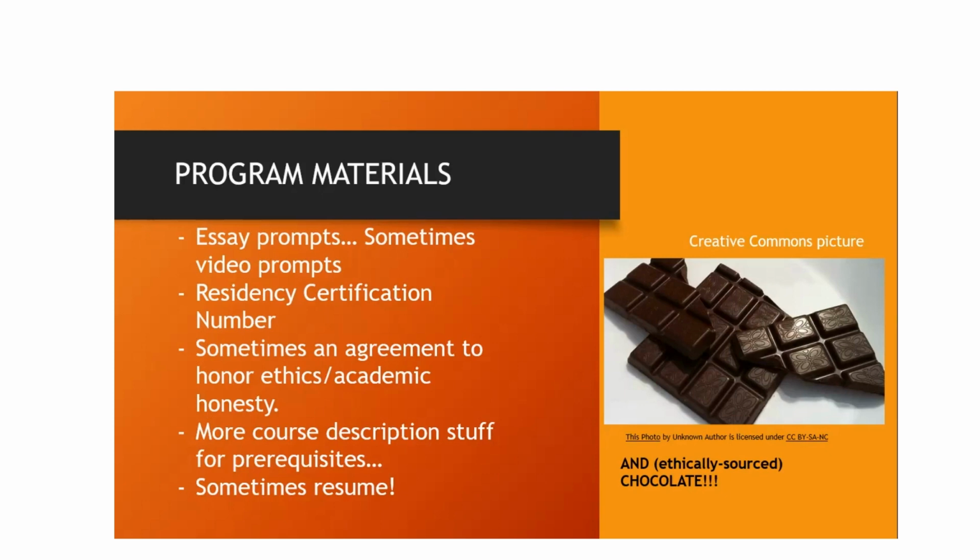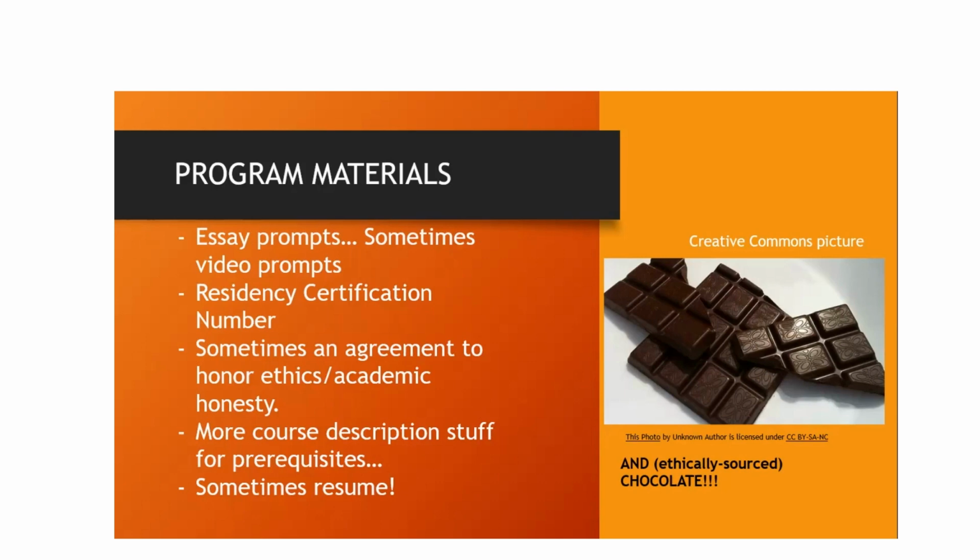Sometimes the schools don't want essay prompts to be answered. They actually want you to record a video of yourself speaking. For some of you, you might have a preference for which is easier. Some other program material information that might be necessary could be certifying your residency, which is sometimes referred to as the RCN.